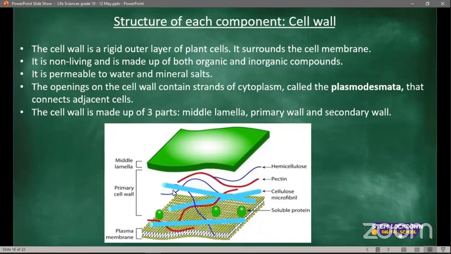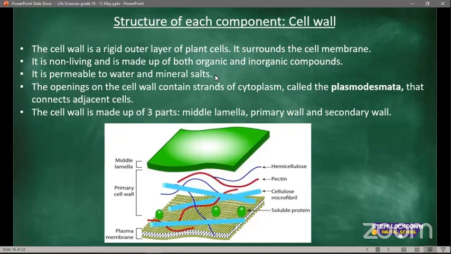This is the structure of the cell wall. It has the middle lamella, the primary cell wall, and just after the primary cell wall is the secondary wall, and then your plasma membrane, which contains your phospholipids and other compounds.